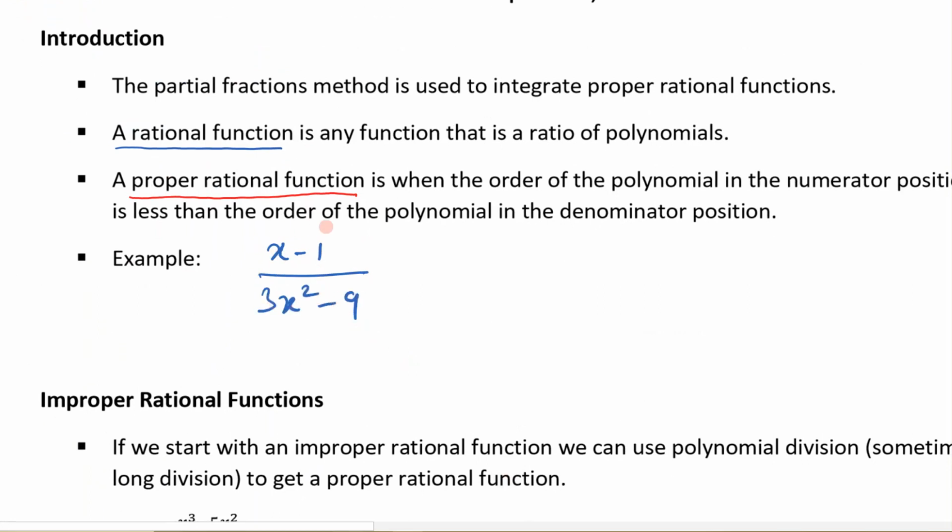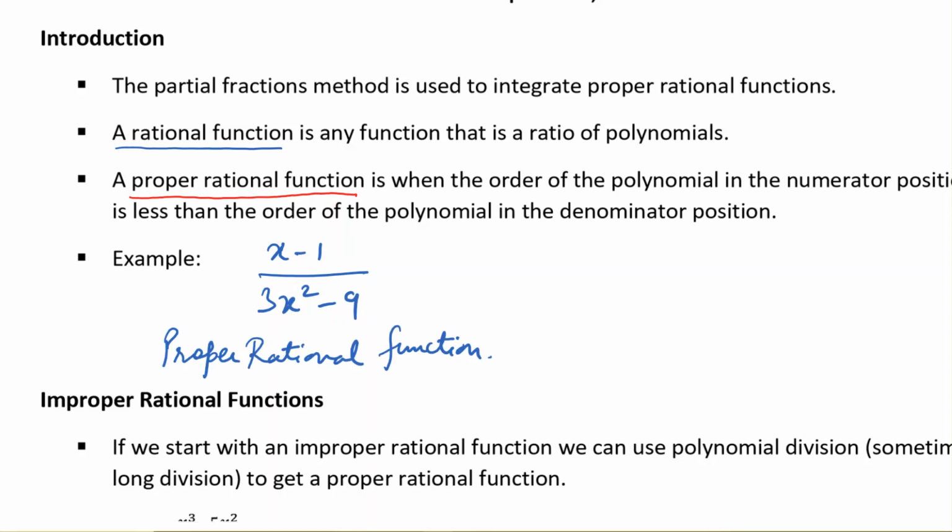What is the degree of the polynomial in the numerator? The degree of this polynomial is 1 and the degree of the polynomial in the denominator is 2. So this is called a proper rational function because the degree of the polynomial in the numerator is less than the degree of the polynomial in the denominator.